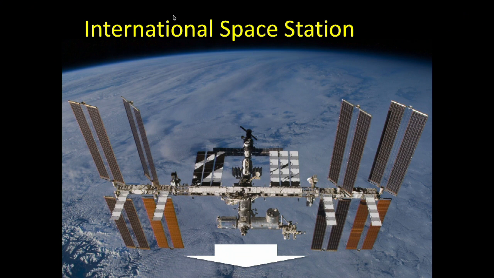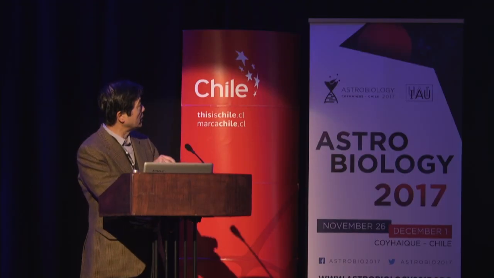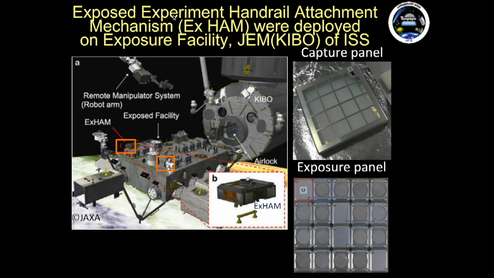If you expand this area, JAXA has developed the Exposed Experiment Handrail Attachment Mechanism. We call it ExHAM. They were attached to the front side of the exposure facility, KIBO, of the ISS. And we are employing two types of experimental instrument. One is the capture panel.